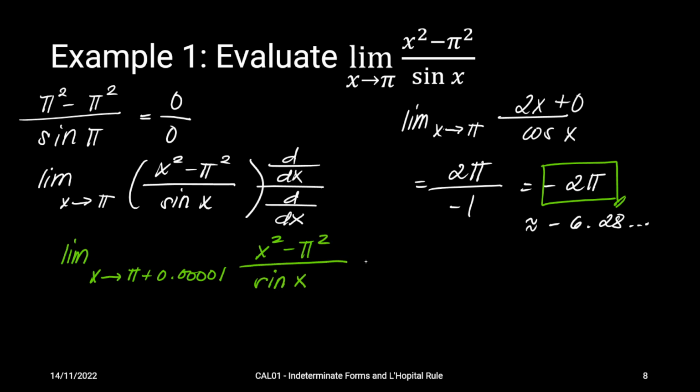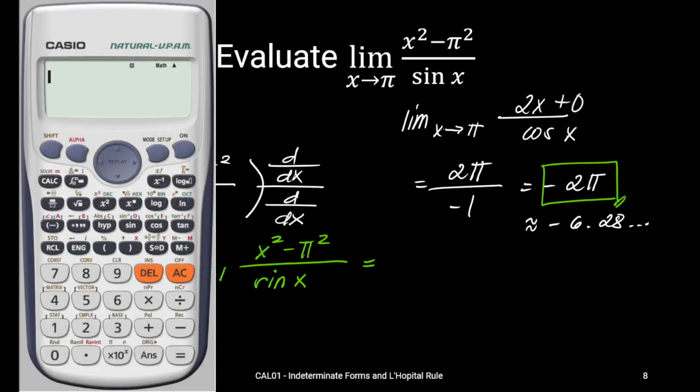So, let's just use the calculator to validate L'Hopital's theorem. Palabasin ko lang yung calcu. So, we have alpha x squared minus shift exponent squared over sine alpha x. Then use calc. Okay.